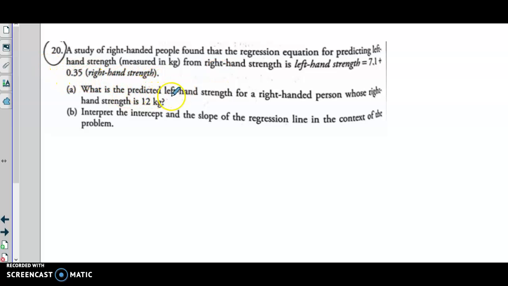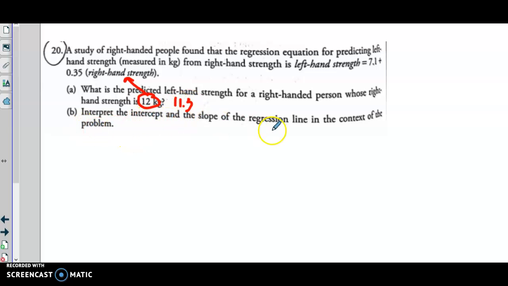What is the predicted left-hand strength for a right-handed person whose right-hand strength is 12 kilograms? So this is pretty easy. I'm just going to plug that 12 in for right-hand strength and type that in the calculator. I think I get, let me check, 11.3 kilograms there. You can check my work on my answer sheet, but I'm really concerned with the second part.